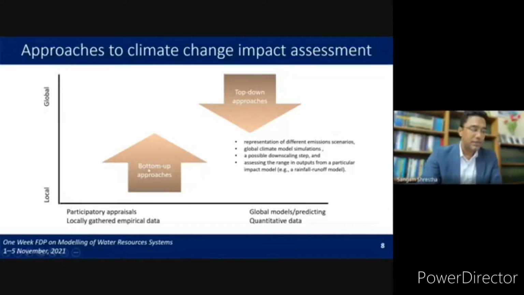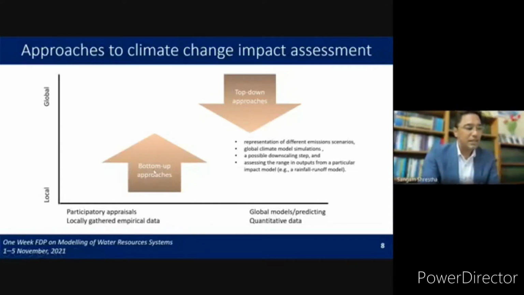Unlike the top-down approach, this bottom-up approach is widely used by the communities which are conducting climate change vulnerability assessment or climate change adaptation assessment.